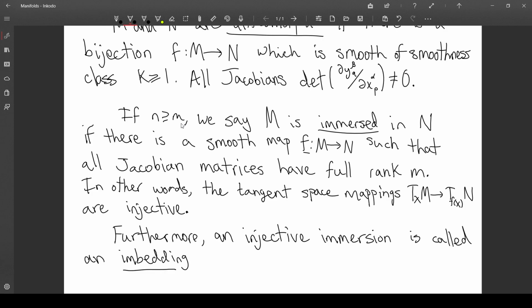Sorry, I spelled that wrong. Embedding. And so what this is saying is that both the map f and the induced tangent space mappings are injective. And this allows us to say, thus, M is diffeomorphic to f of M, which is a submanifold of N. So we can essentially say that M is a submanifold of N, up to a diffeomorphism.